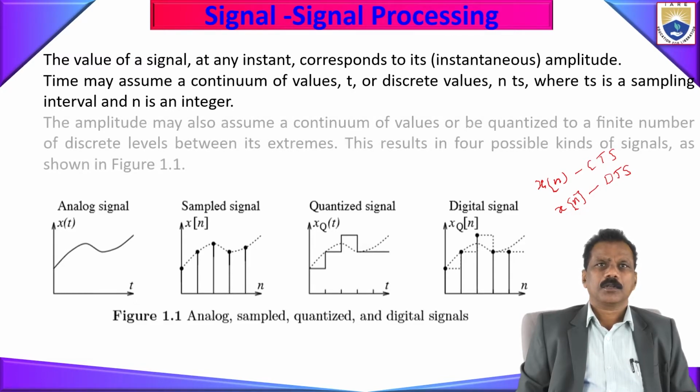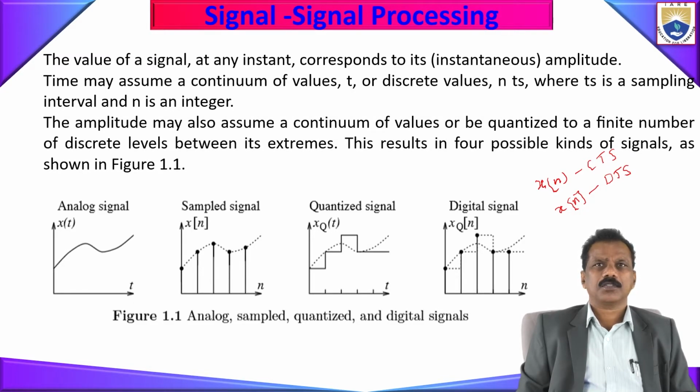The amplitude may also assume a continuum of values or be quantized to a finite number of discrete levels between its extremes. This results in four possible kinds of signal: analog signal, sampled signal, quantized signal, and digital signal.